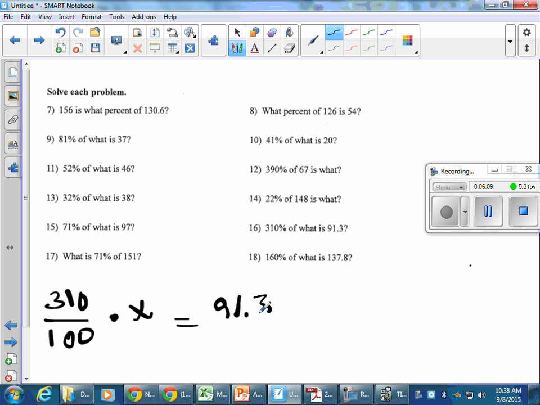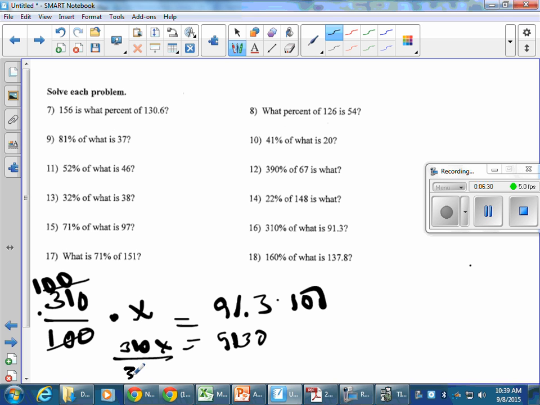So how do we solve this for x? I would multiply by 100 on both sides. So that cancels that out. And you get 310x equals 9130, if I multiplied it.